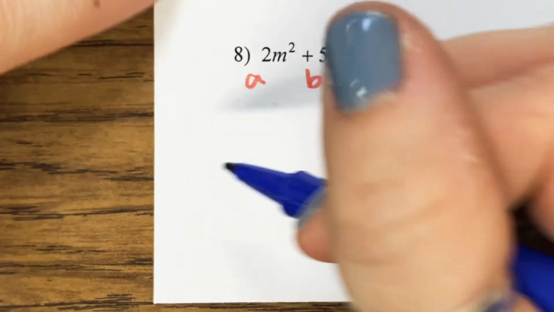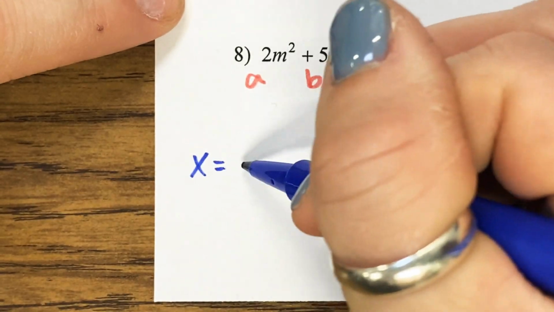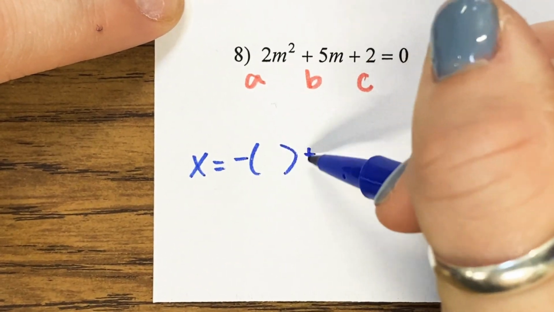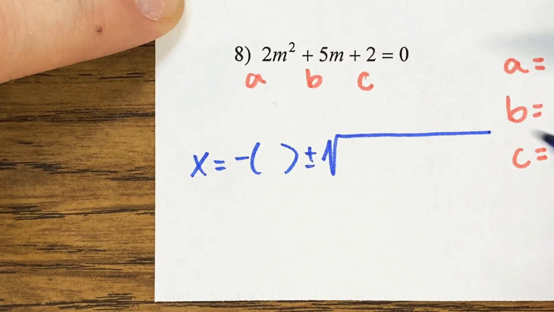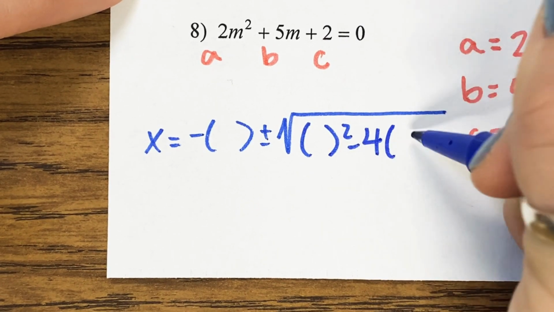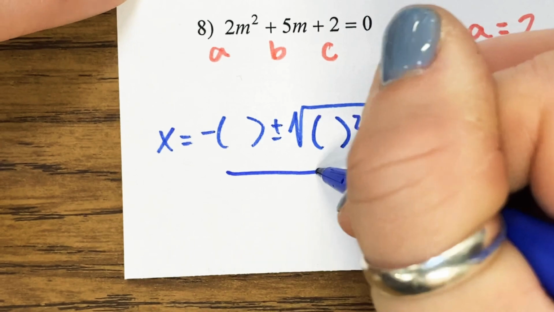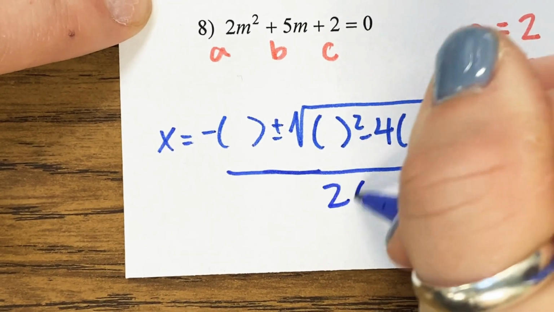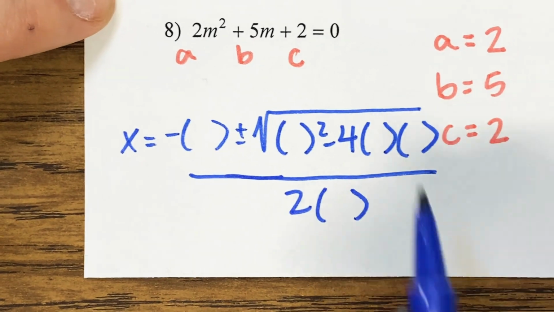Okay, so we know our quadratic formula. X is equal to -b plus or minus the square root. I'm trying to get it stuck in your head. B squared minus 4ac all over 2a. Okay, now let's fill in these blanks.